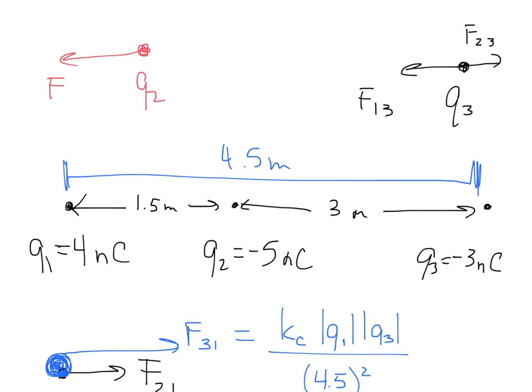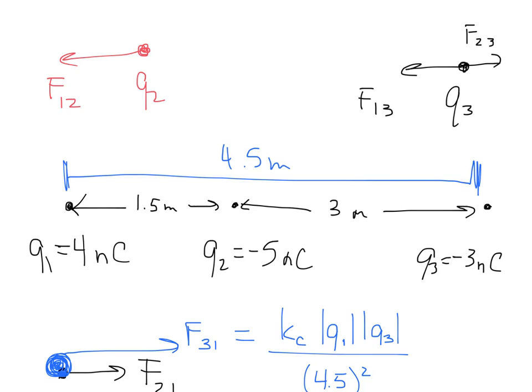A force, again, from particle 1 acting on particle 2. Q1 is stationary now because we're looking at Q2. Q2 is on the opposite side of Q1, so it would move toward it, so we draw an arrow to the left. Then we go over to here now.